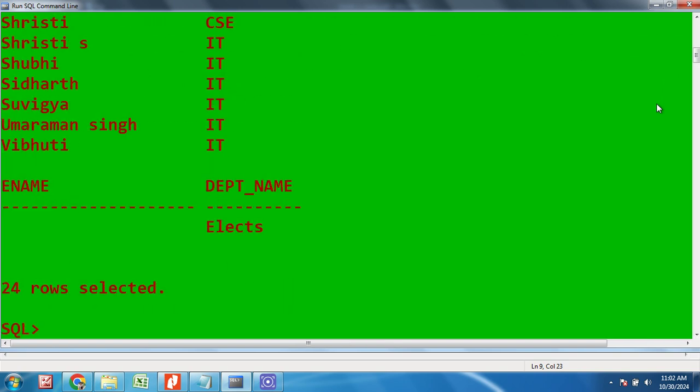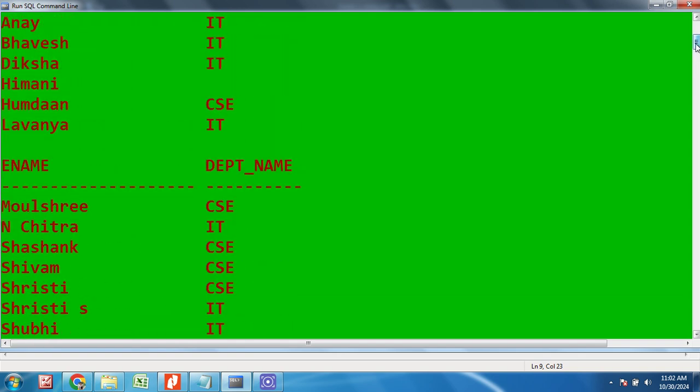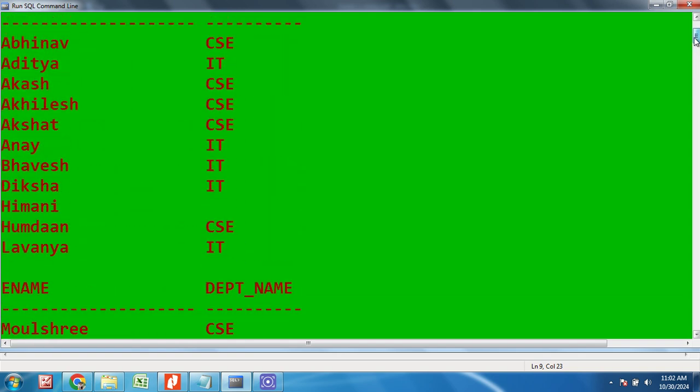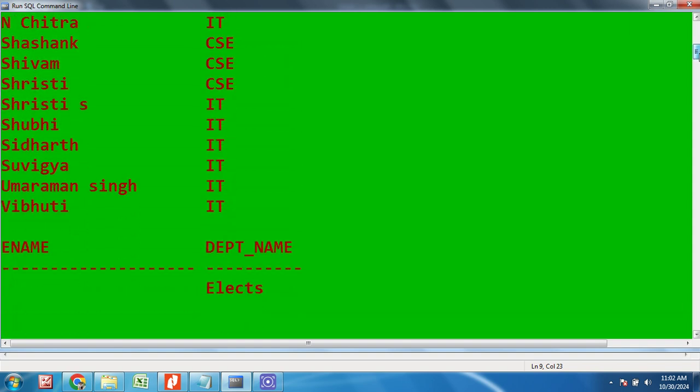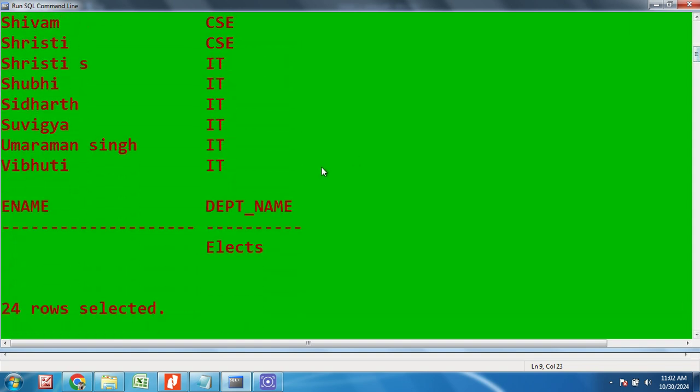Just try to see the output. So this is the output where we can see the matching values of the left table and right table, and non-matching values of the left table as well as the right table. In the left table we have a non-matched value, Himani. So we can see the name of Himani over there, and we have electronics as a non-matched value in the department table, the right table.